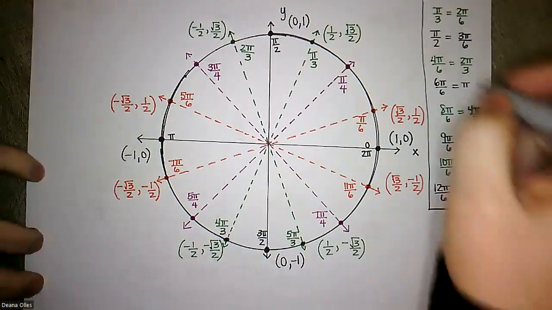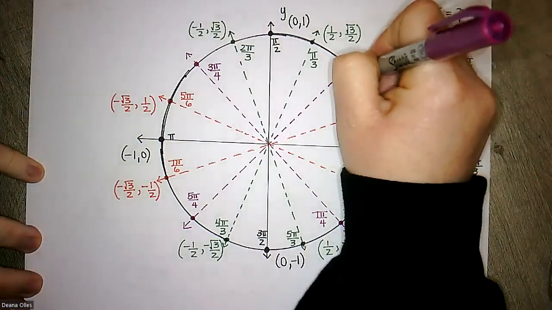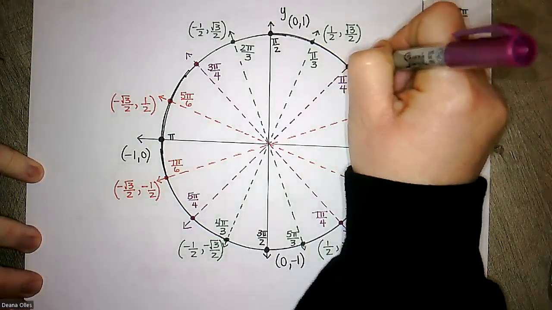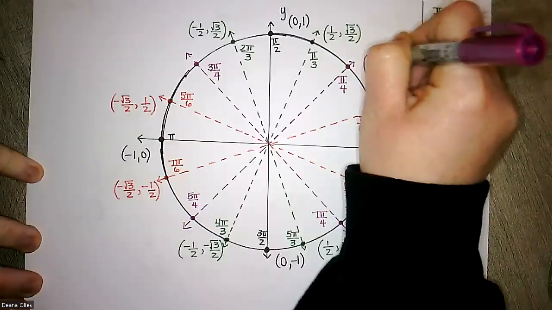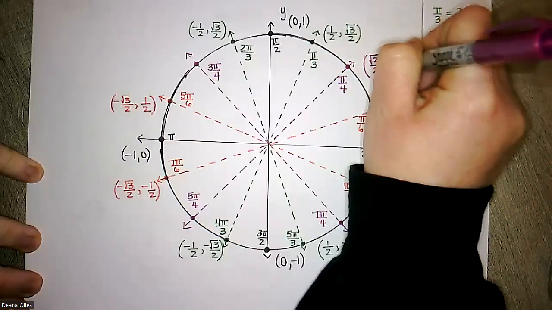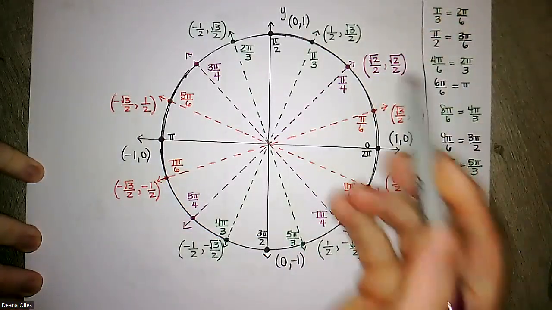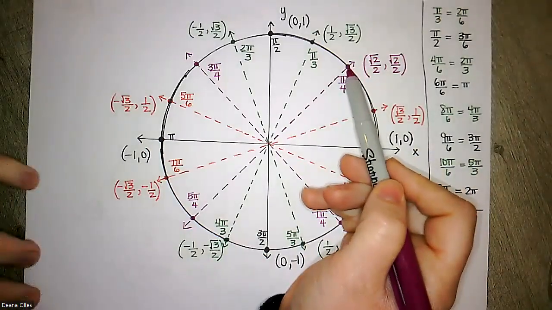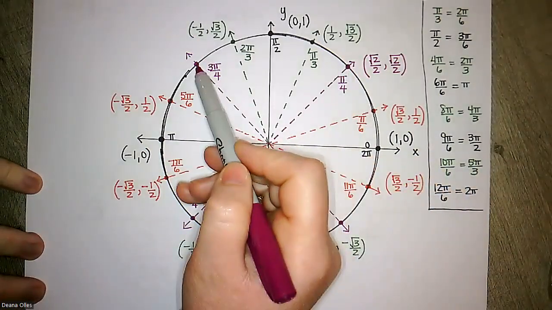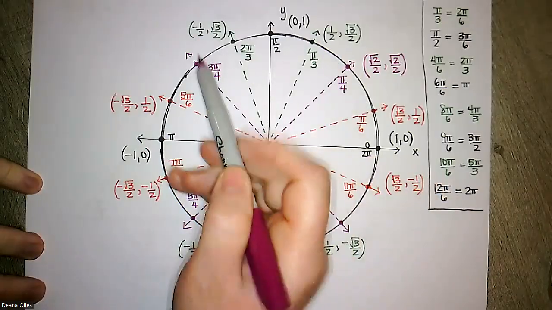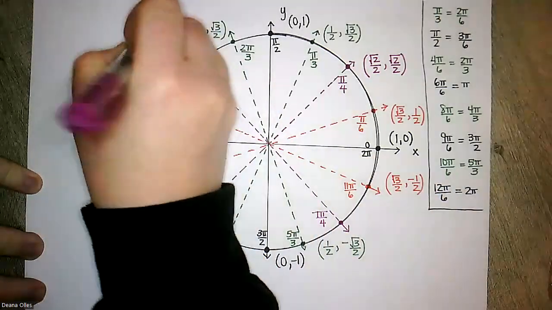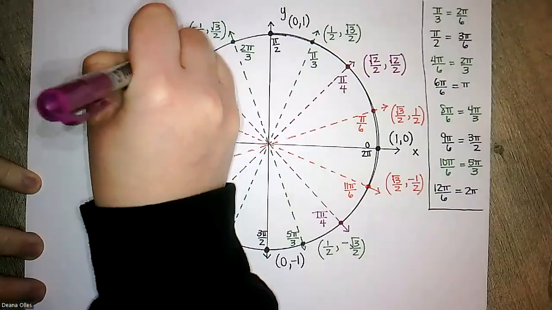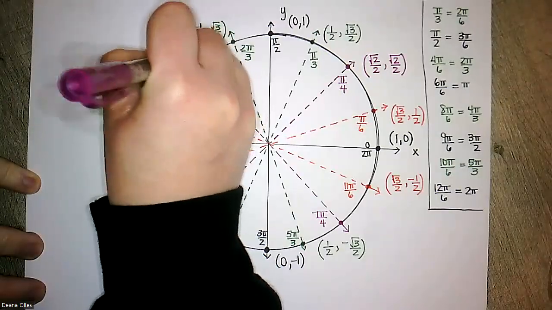All right, now we need to fill in those coordinates that we have here, okay? And these coordinates were your root 2 over 2, root 2 over 2. And so we're going to use that same symmetry to figure out our other points. We're going to jump to the second quadrant, which makes x negative, but y is still positive. So same values, negative root 2 over 2 and positive root 2 over 2.